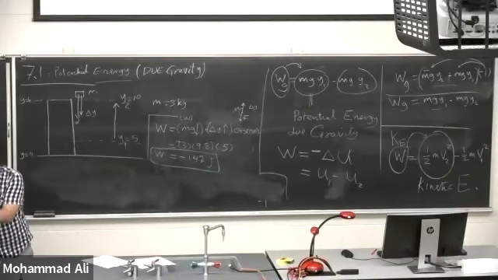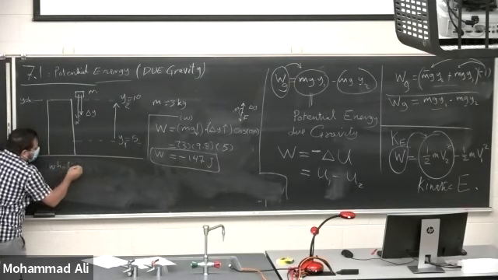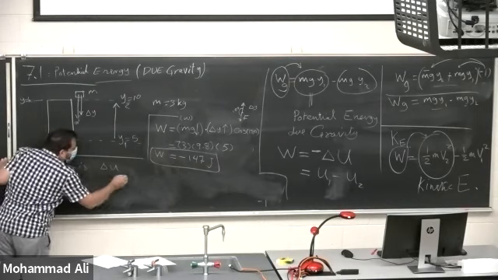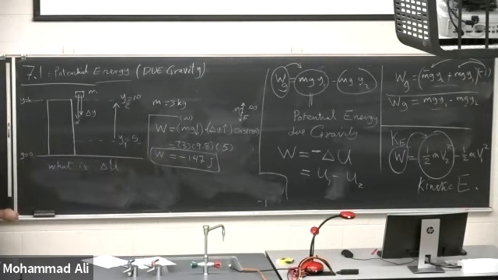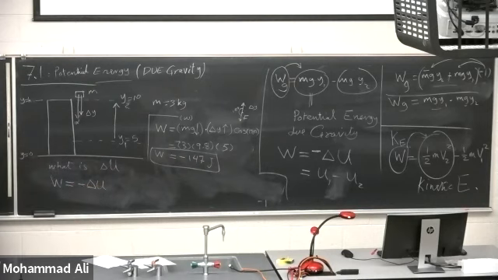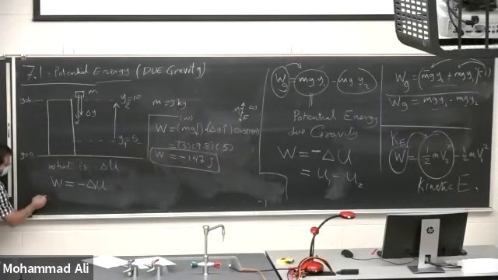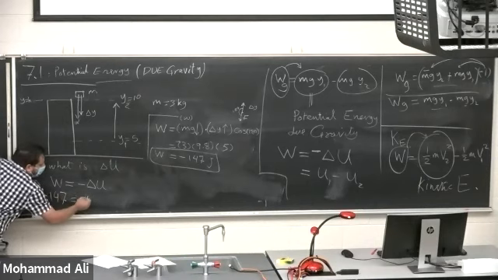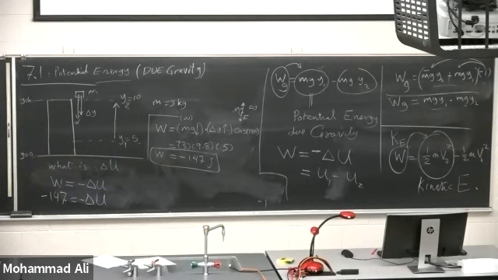Okay, what is the change? Now, what is delta U, U capital? As we know, the work of the weight is equal to minus delta U. The work is equal to negative 14.7, which is equal to negative the change in potential energy.